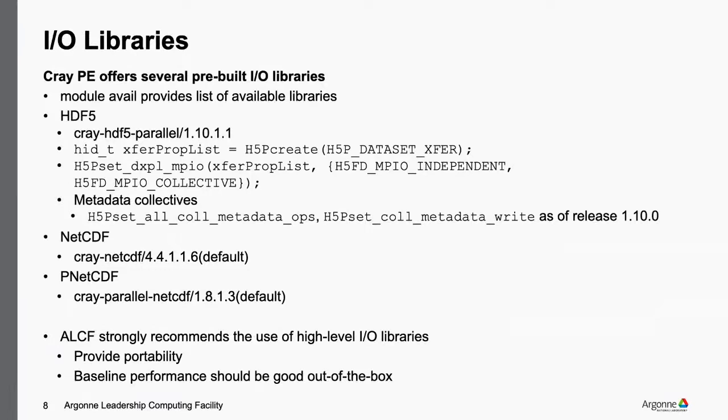In HDF5, all of the interfaces are similar or essentially the same, and so you determine how you're using it by setting properties. In this case, for example, if you want to create properties for the data transfer, you can create a property list. Then you want to set, using this interface up here, data transfer parallel, MPIO, and then you can say, do I want independent I/O or do I want collective I/O?